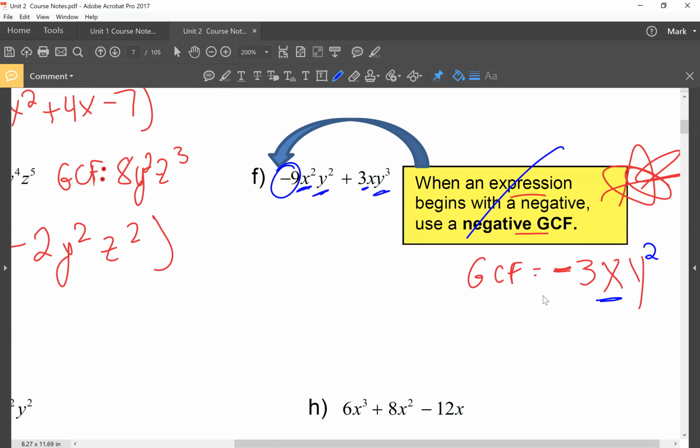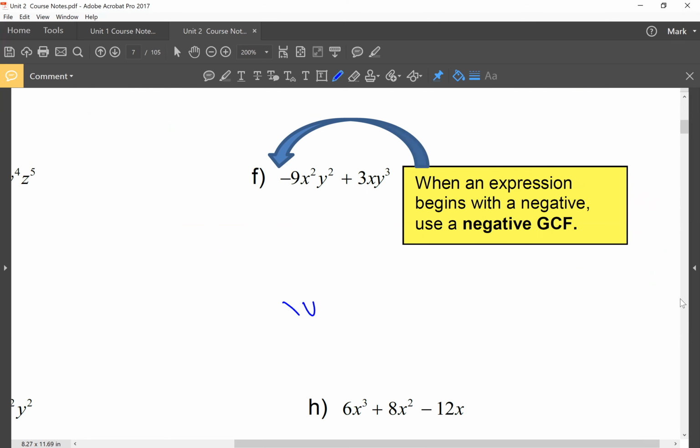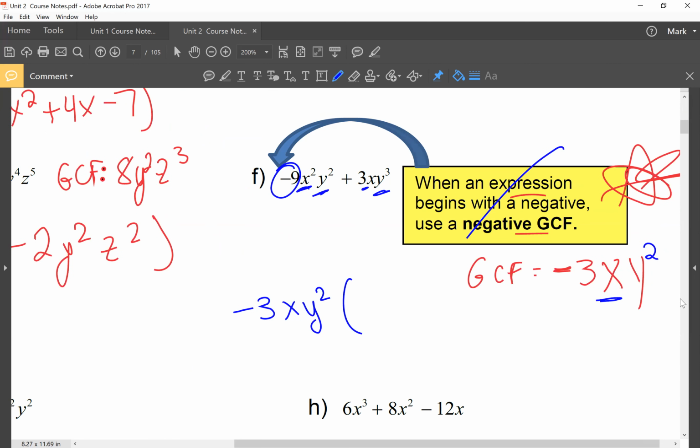I hate number F. I really feel I'm doing worse by explaining number F than if I never showed you F. Anyways, I'm going to remove a -3xy squared from the above, meaning I'm going to divide 3xy squared into each of these.